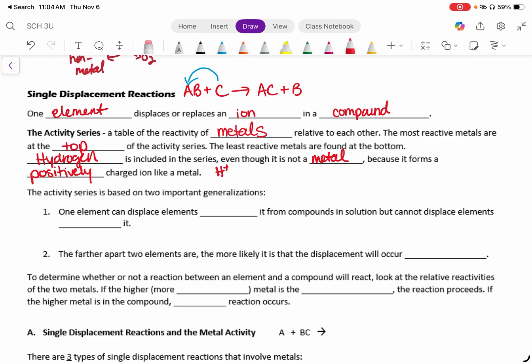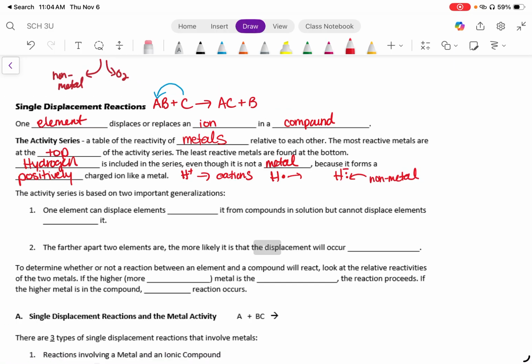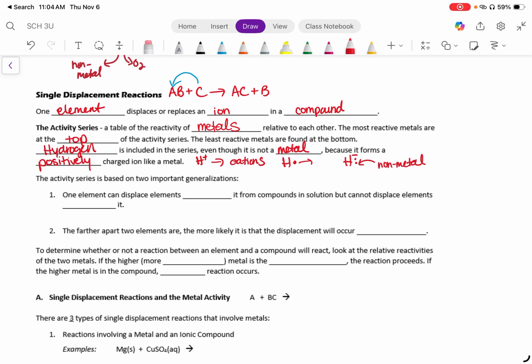You can have H+, and remember that metals are cations, so hydrogen can act as a metal if it carries a positive charge, remembering it could lose its one valence electron. Or hydrogen would have a negative charge if it gained an electron, and there it would have non-metal behavior. That's just a review from our last unit.